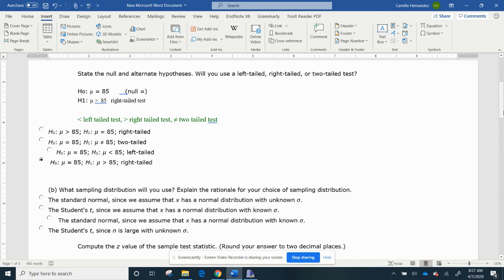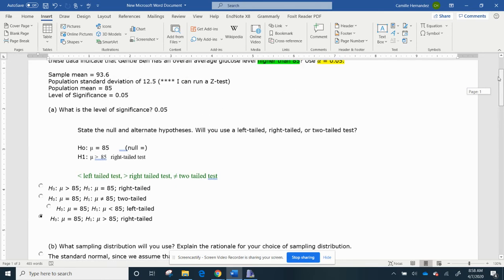Remember from confidence intervals, if you had that population standard deviation, you do a z-interval. All right, for us on that one then, I don't care about the student t, so I don't need to look at that one because this isn't a student t. So here's the other ones. The standard normal, since we assume x has a normal distribution with an unknown population standard deviation. This one is not that because we know it.